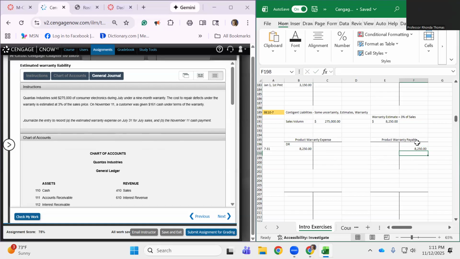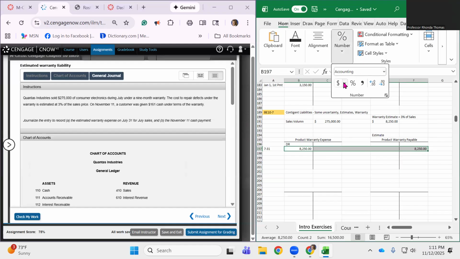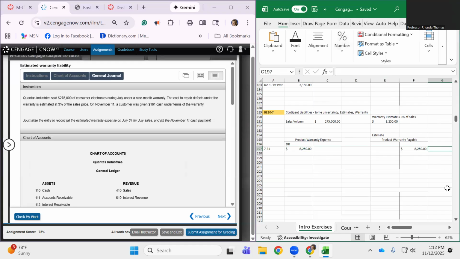We wait to see, and once again, this is an estimate, and we're going to wait to see if any of it gets used or not. If it doesn't get used, then we estimated badly. Our product was good. We can move this around, but there might be a chance that we didn't estimate enough.